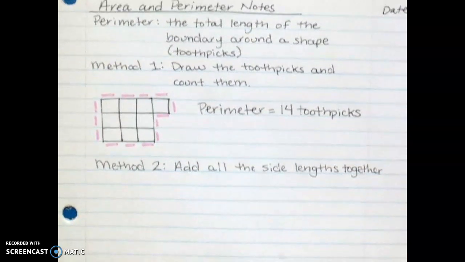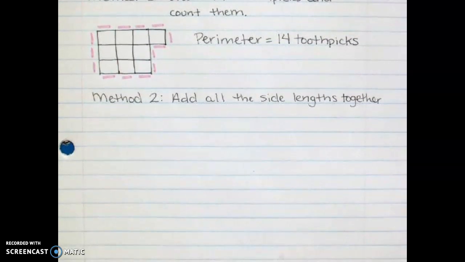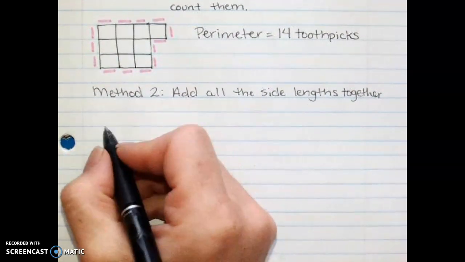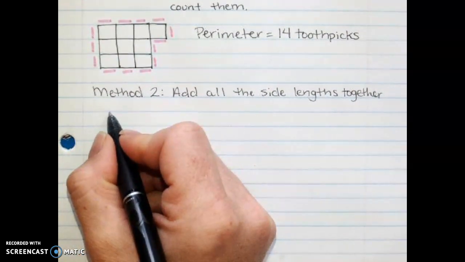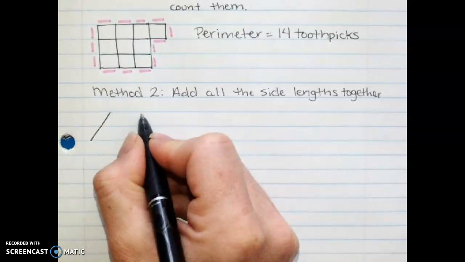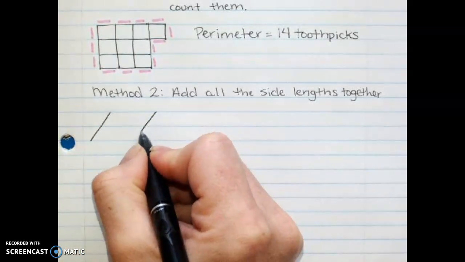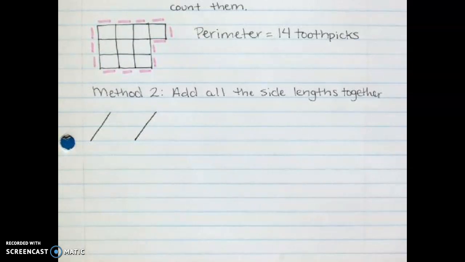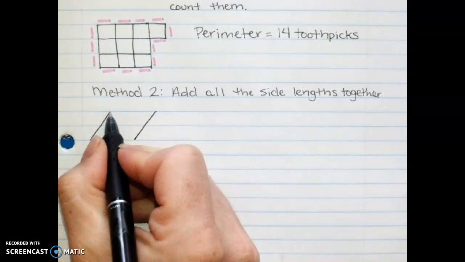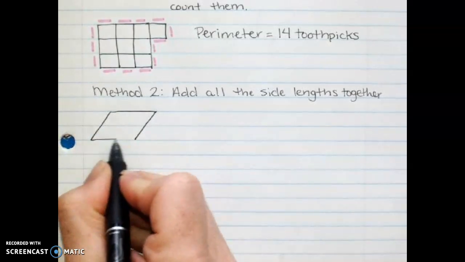For this example, we're going to use a parallelogram. Skip 1 line and draw 2 slanted lines that look like they're about the same length. Connect those 2 lines on the top and the bottom.